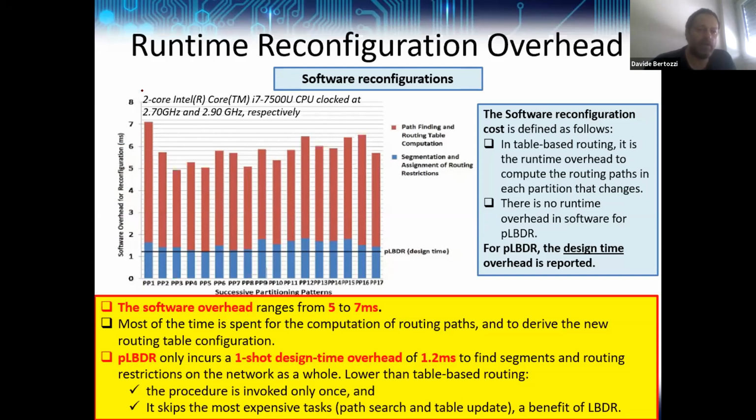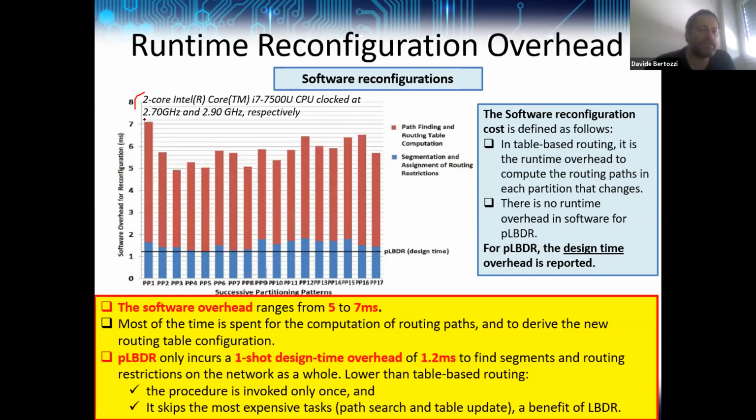By running on this 2-core Intel machine at 2.7 gigahertz and 2.9 gigahertz respectively, this is the software overhead for the table-based routing. It amounts to milliseconds.